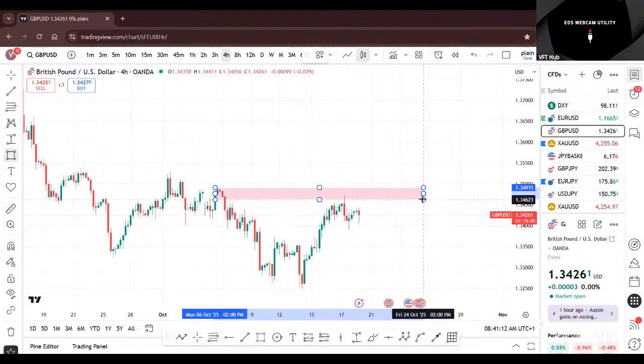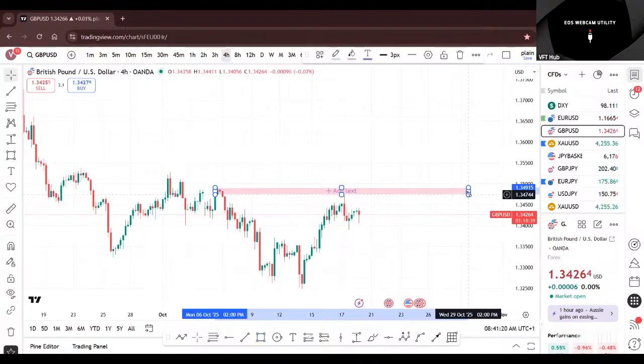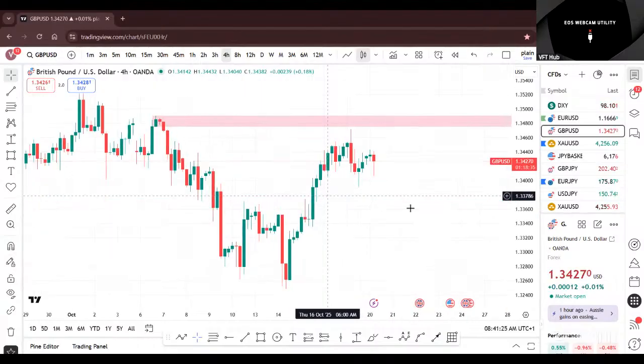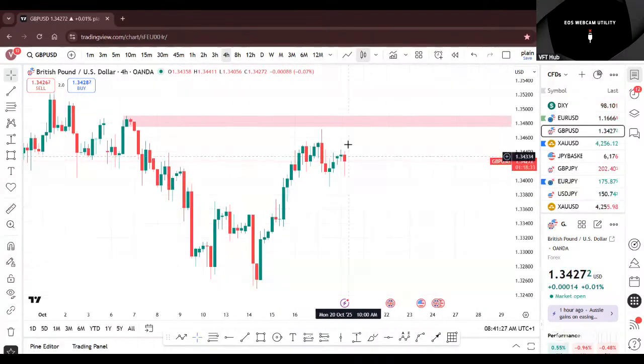This one. Okay, so maybe one last move into this level here before the sell.